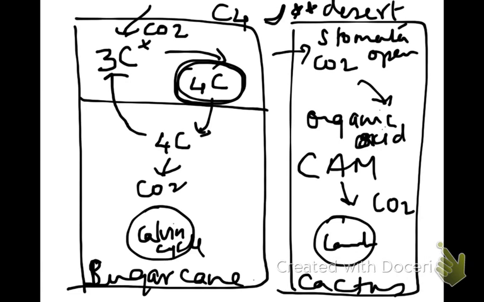So the only difference between this C4 plant and this CAM plant is the timing at which they take place. So in the daytime, when there is light reaction taking place, I have an artificial increased quantity of carbon dioxide created by this organic acid releasing the carbon dioxide for Calvin cycle to take place.